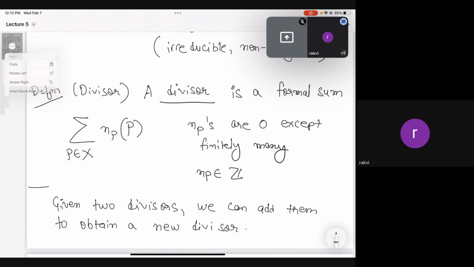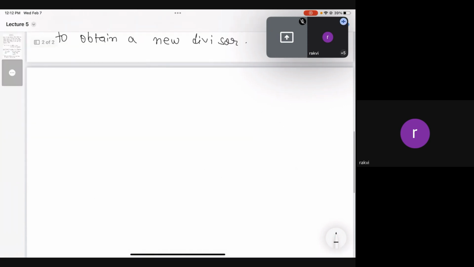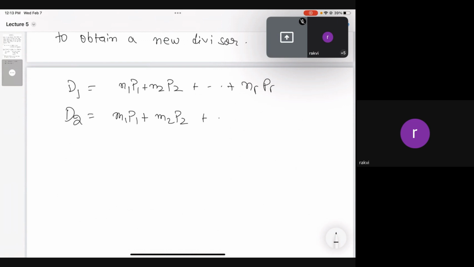Let's say our divisor D1 looks like n1P1 plus n2P2 plus up to nrPr, and D2 looks like m1P1 plus m2P2 plus up to mrPr.